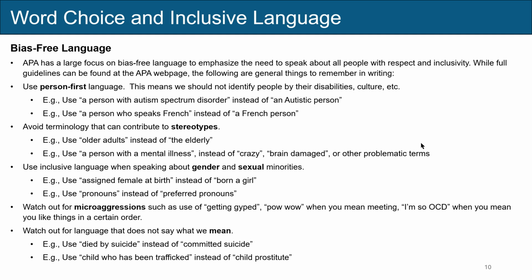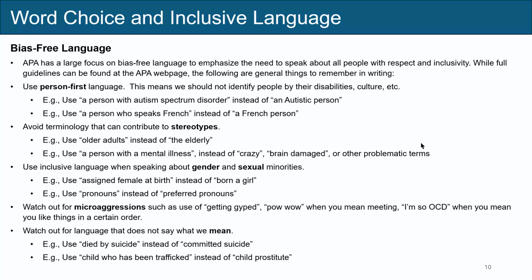It is something that is part of their identity but doesn't define them completely. We also want to watch out for any terminology that could contribute to stereotypes, whether negative or positive stereotypes. This is also outlined quite a bit in that APA Inclusive Language Guide to make sure that you are using terminology that is considered the most respectful towards different peoples.